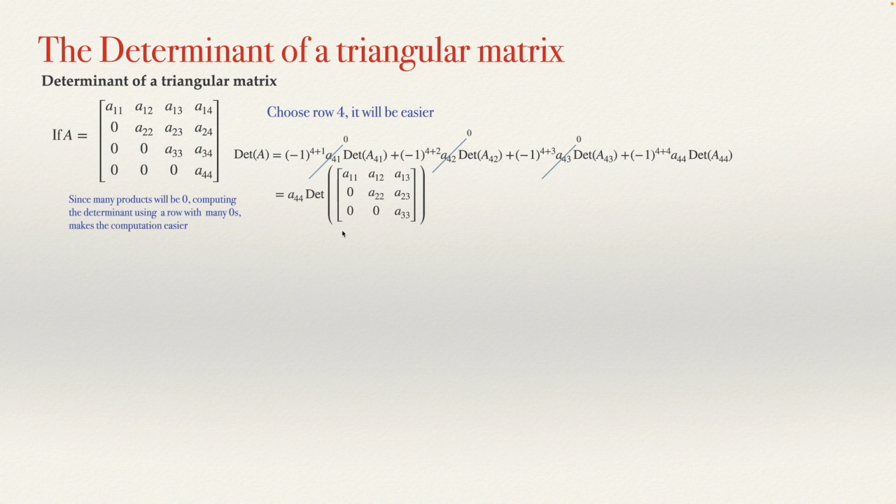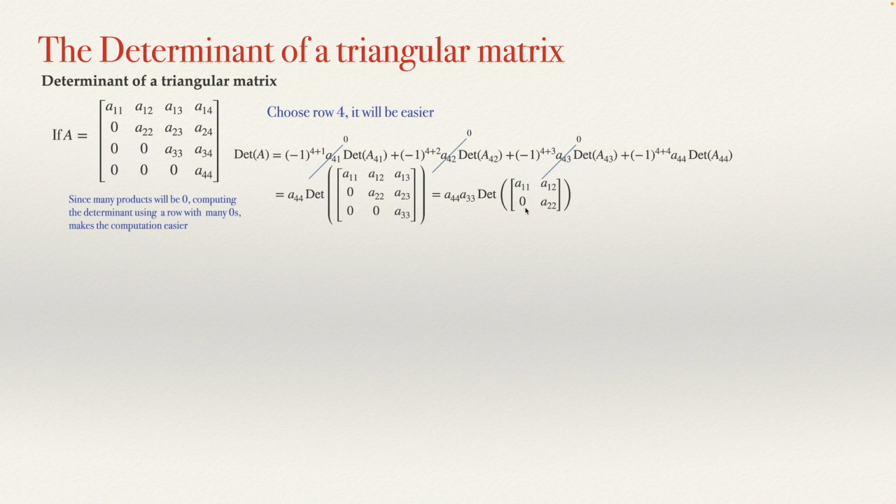And now, computing the determinant of this, again you can use the technique that we use for computing the determinant of a 3 by 3 matrix. But again, this is a triangular matrix. It will be A33 multiplied by the determinant of this matrix. So actually the determinant of the original matrix will be A44, A33, times the determinant of this matrix.